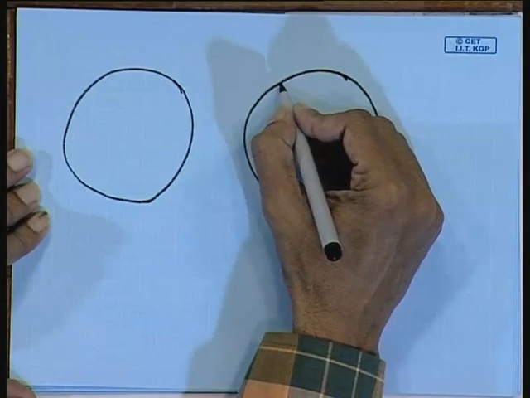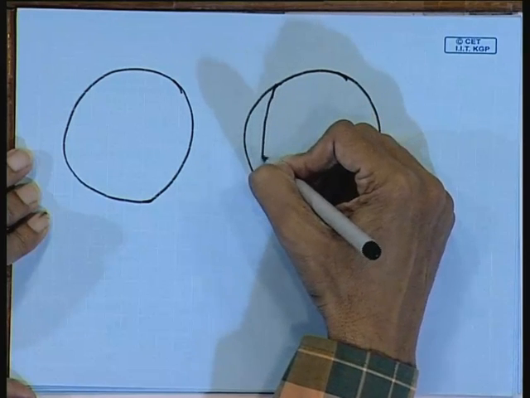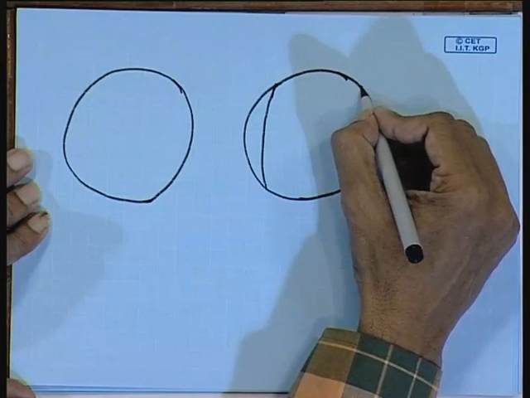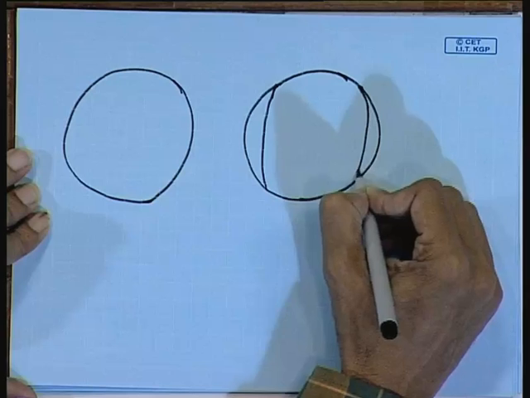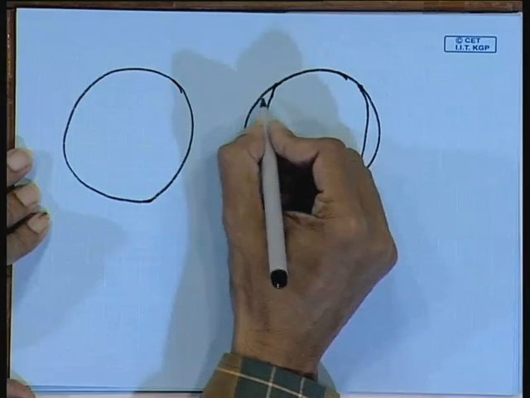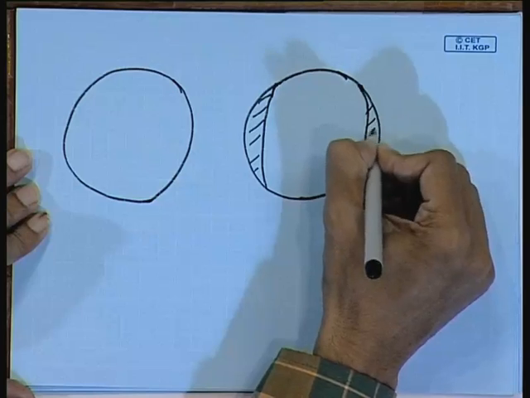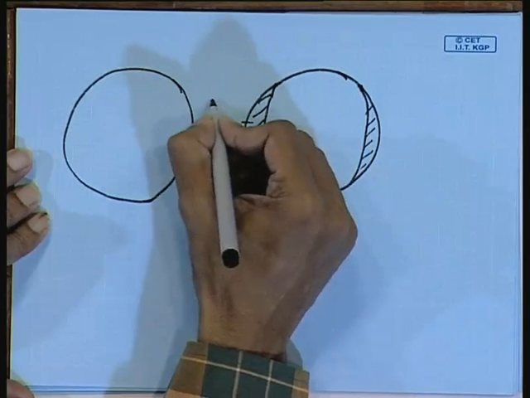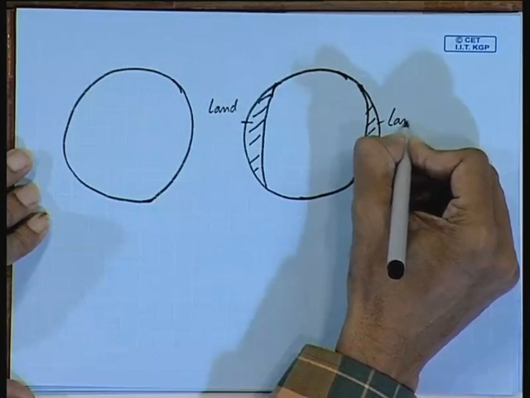So, this is your land mass. This is occurring between the boundaries of, so as an example you can say this is the Atlantic Ocean. So, on both sides it has been bounded by the land mass. This is land, this region is also land.